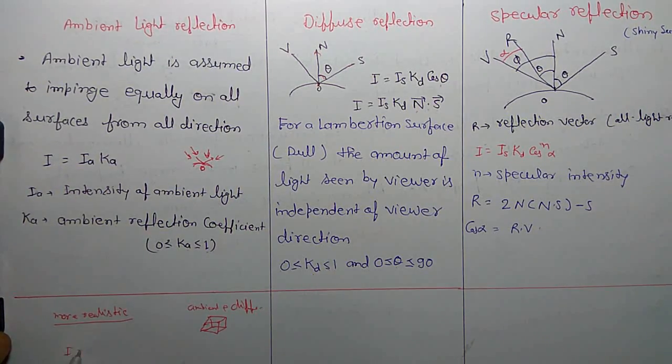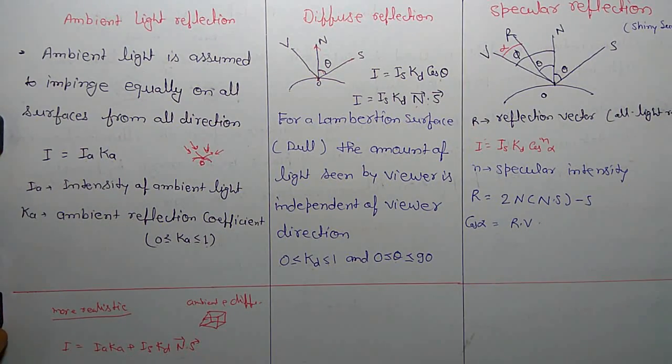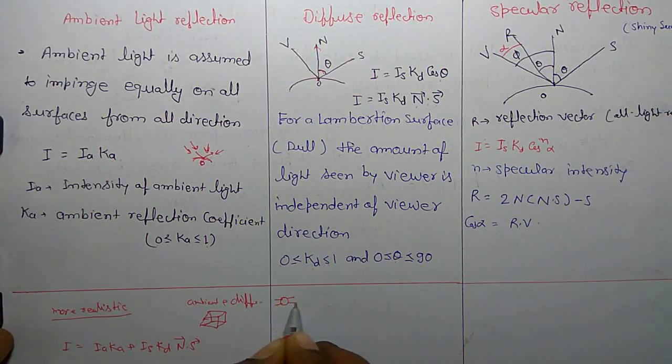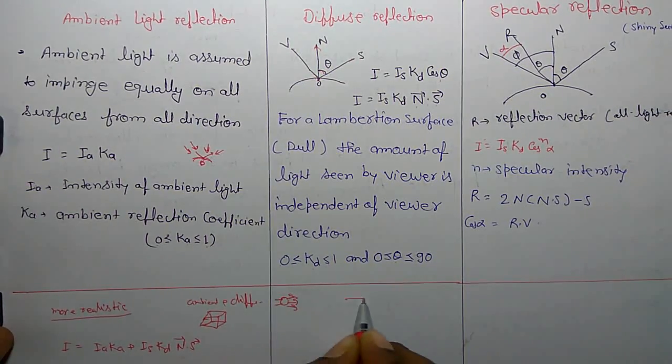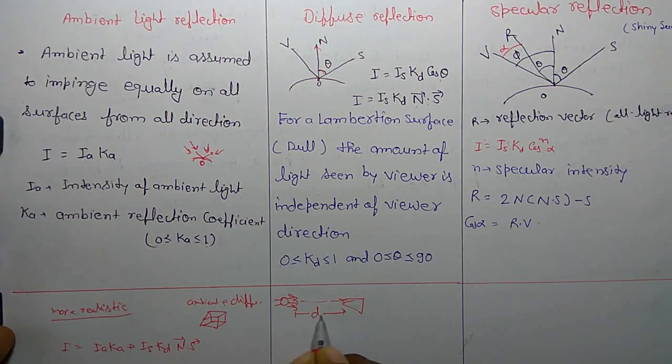So I equal to I_a k_a plus the diffuse value, which is n dot s. And if there is a light source in diffuse reflection and we are able to view some object, there is a distance d_l.